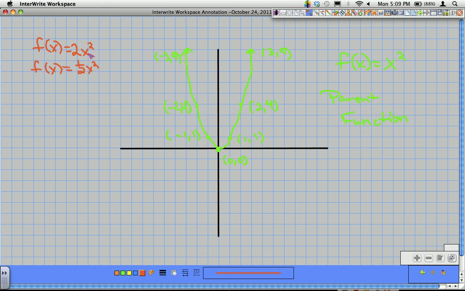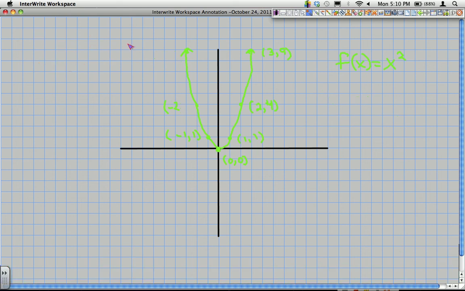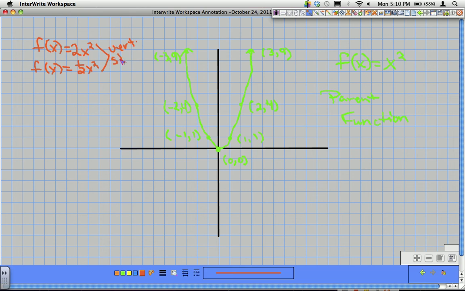Since the 2 or the 1/2 is not contained in parentheses, it's going to have an effect on the y. So since it's affecting the y, these are going to be vertical stretches or shrinks. And this is from one of the earlier chapters, so it shouldn't be anything new.